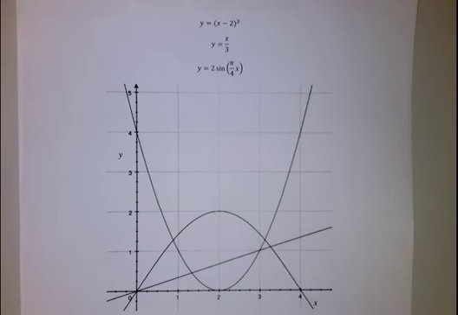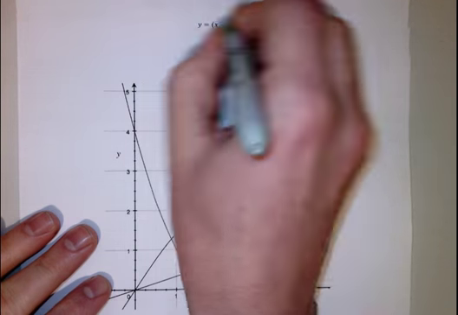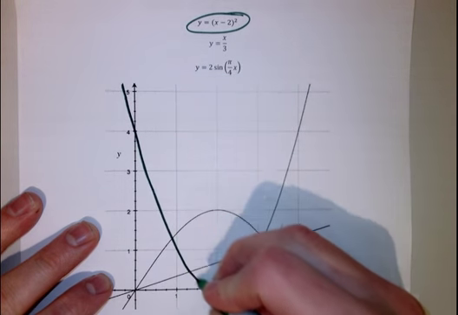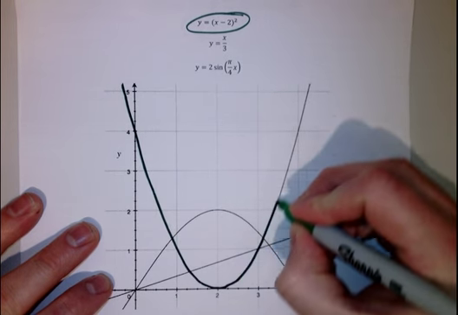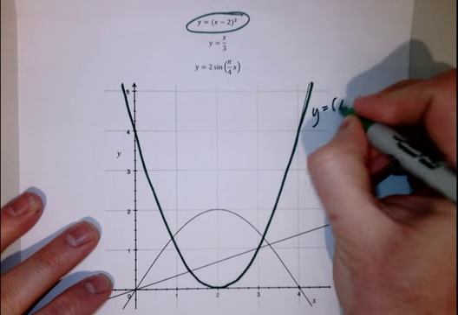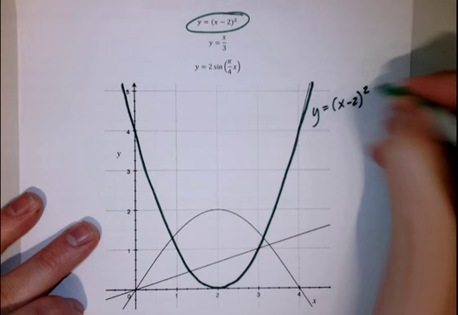Okay, let's identify the functions first. This is the green function, similar to last time, except it's moved over to 2 instead of just moved over to 1. This is y equals (x minus 2) squared.